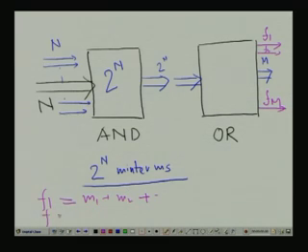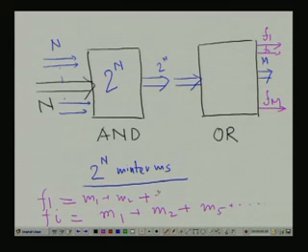Similarly, Fi is some M1, M2, M5, like that. In this way I can form Fm. So, this is the configuration, or the architecture, of PROM.